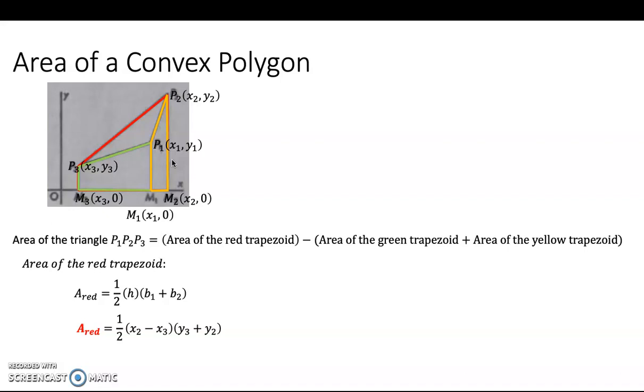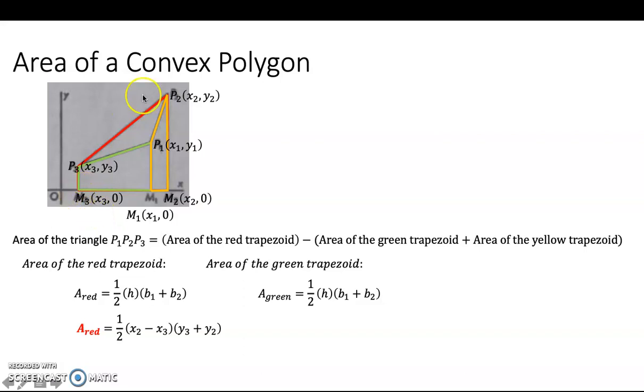Now, how about for the green trapezoid? The green trapezoid has a height of M3, M1 and bases P3, M3 and P1, M1. So again, the area of the trapezoid is simply 1/2 times the height times the sum of the bases of the trapezoid. So for the green one, our height is M3, M1. So that would be x sub 1 minus x sub 3.